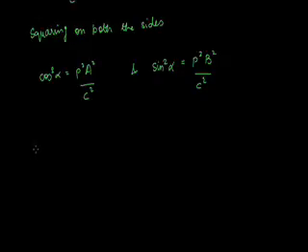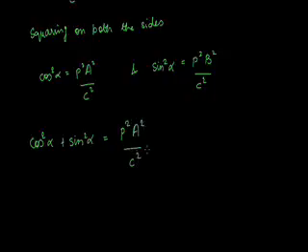Now I'll add this equation and this equation. Adding the LHS, cos square alpha plus sin square alpha is equal to adding the RHS, that is p square into a square upon c square plus p square b square upon c square. Now we know that cos square alpha plus sin square alpha is equal to 1.